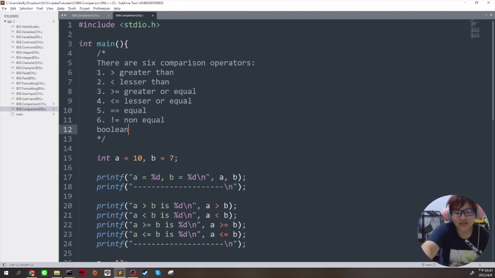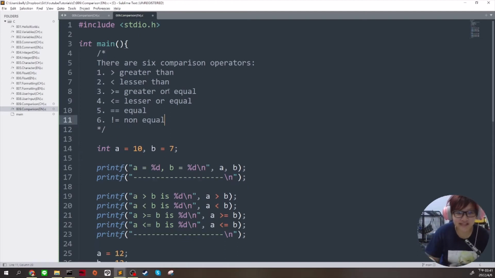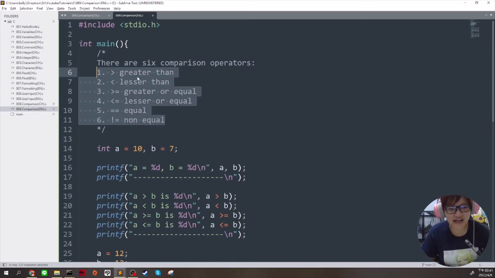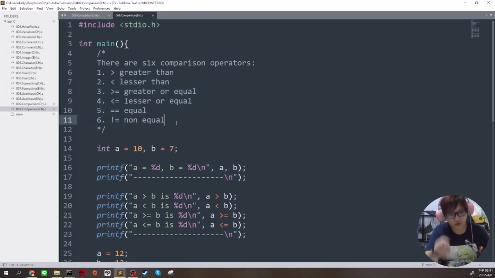So how do we represent the results of these six operators? We only have 0 and non-zero. Only these two kinds. So 0 means false: the comparison is false.